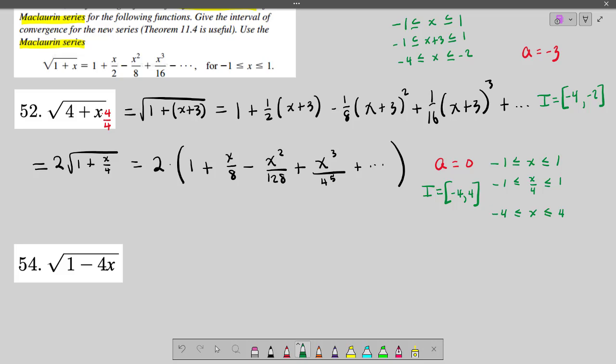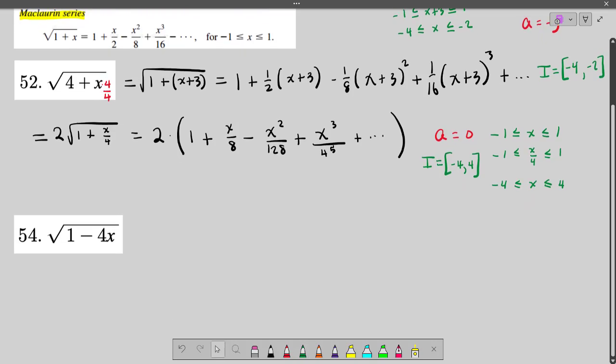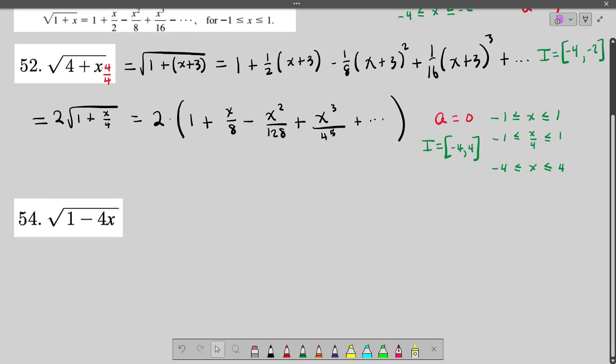How about 54? What are we going to replace x with? Negative 4x. So our series expansion, if we replace all the x's with negative 4x, so negative 4x squared is going to be 16x squared over 8.